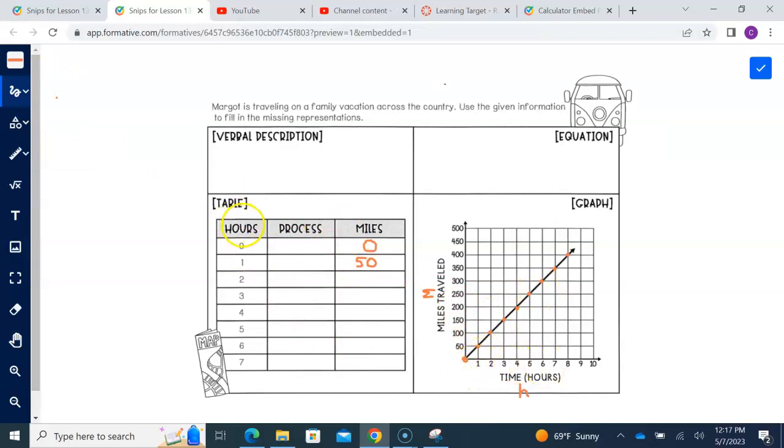H is your horizontal and M, miles, is your vertical. We're going to go 100, 150. They're giving us these numbers right in order, which makes seeing the pattern pretty easy. They didn't bounce around on us.